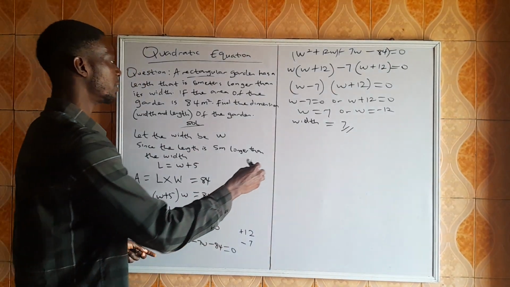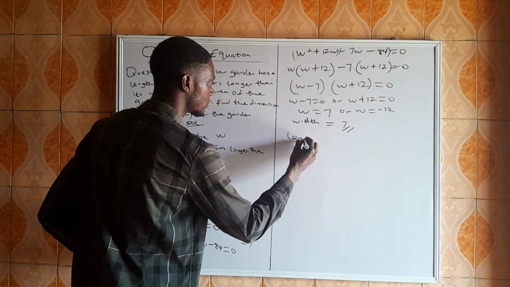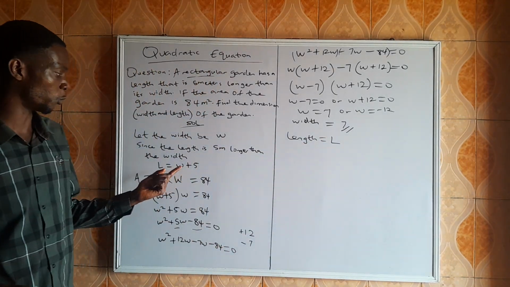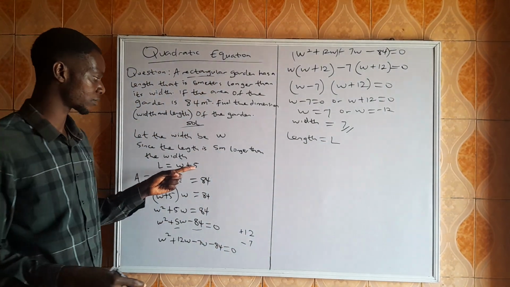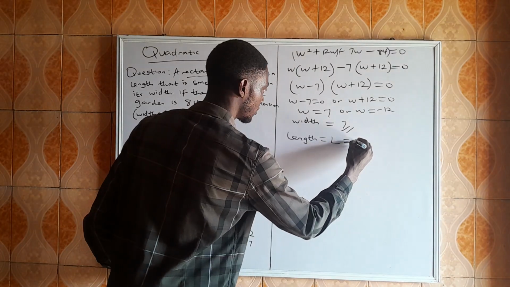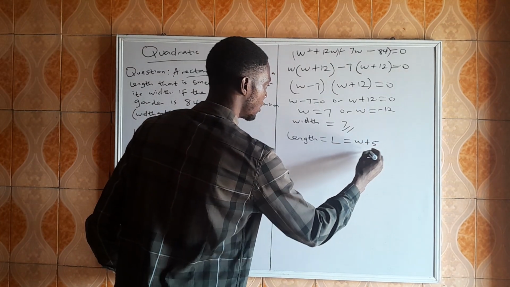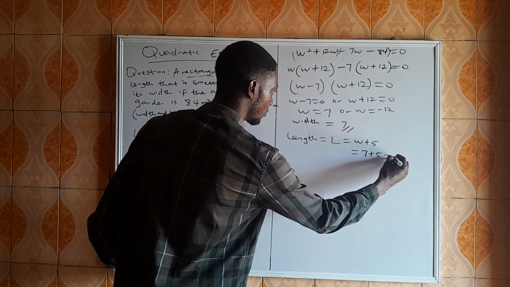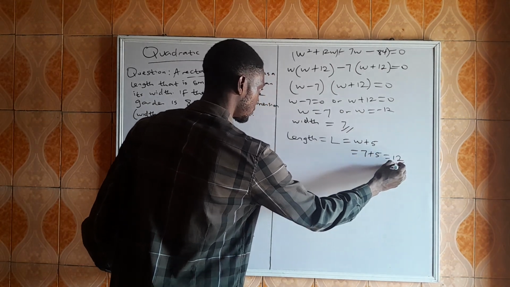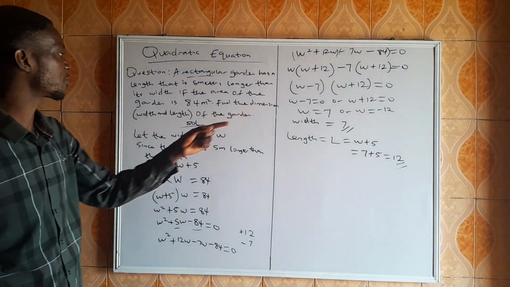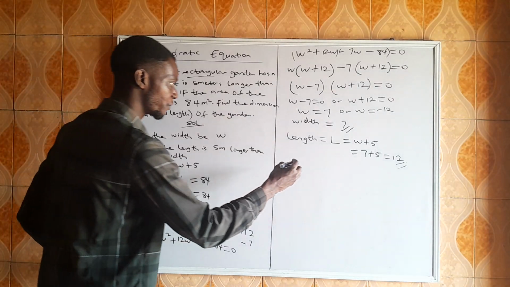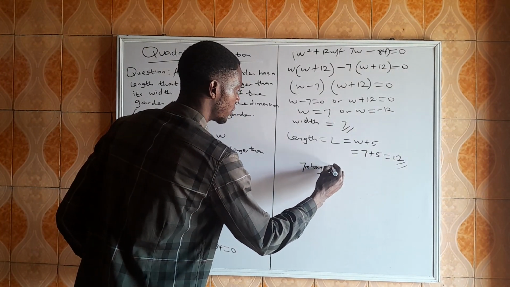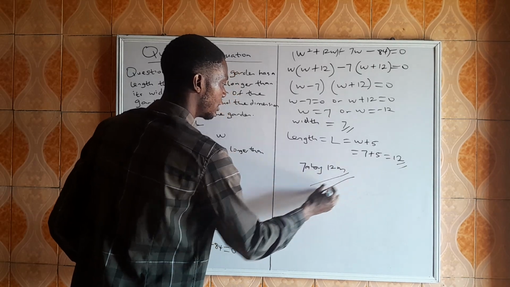Also, recall the length is W plus 5, and this becomes 7 plus 5, which equals 12. The dimensions of the garden will be 7 meters by 12 meters, and this will be the answer.